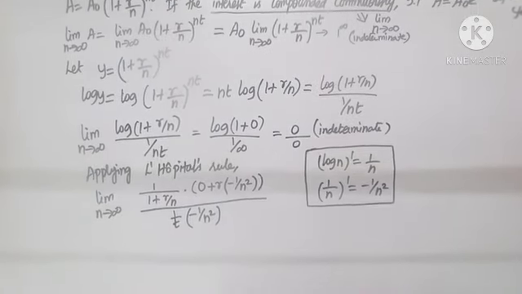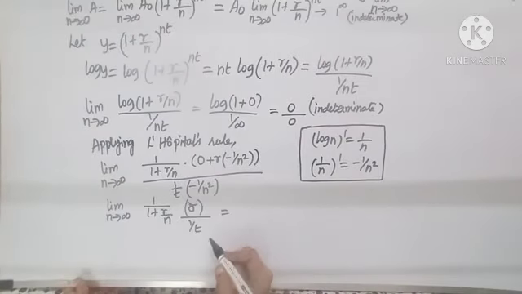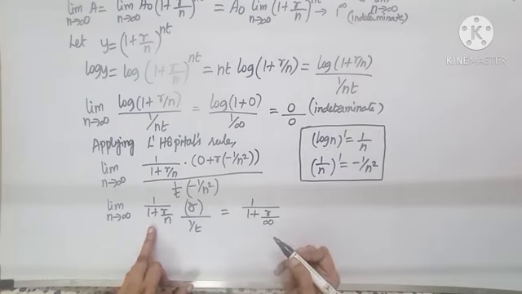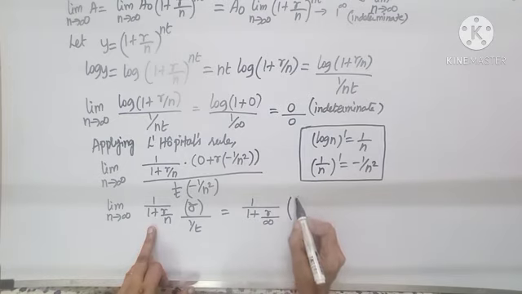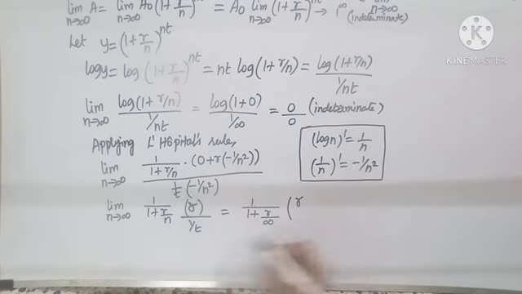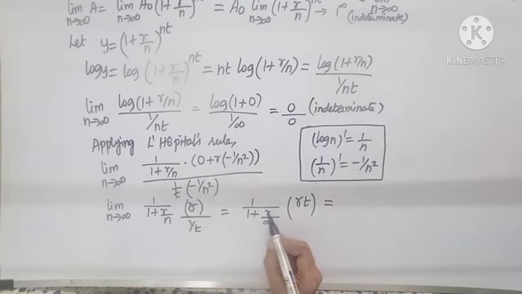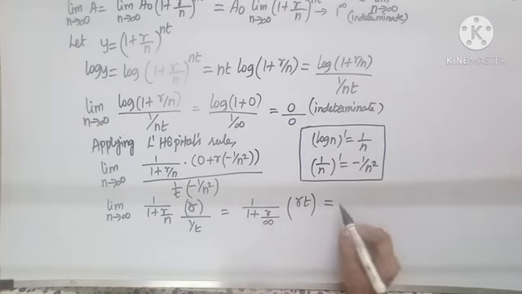As we simplify the problem, 1 by 1 plus r by infinity into r, reciprocating 1 by t, I get into t. So r by infinity becomes 0. 1 plus 0, 1. So I am just left with RT.